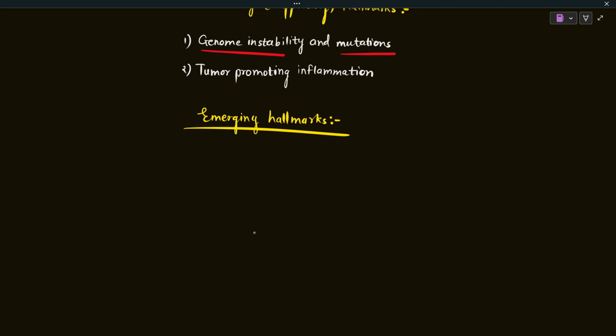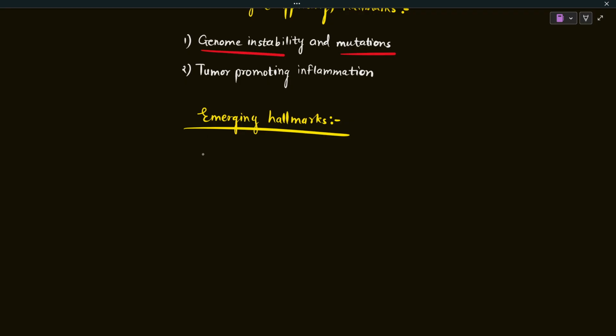So we still need to figure out a lot of things about the emerging hallmarks, and that is why we have categorized them differently from the core hallmarks. So this again does not necessarily define cancer, because first of all we lack the investigation. We have to study and research a lot before clearly stating that those define cancer.